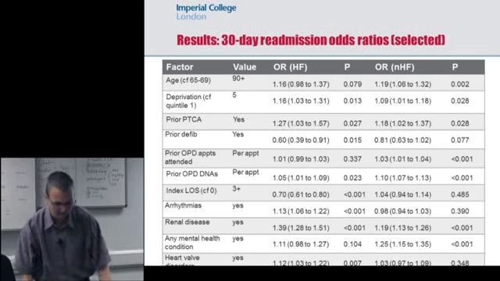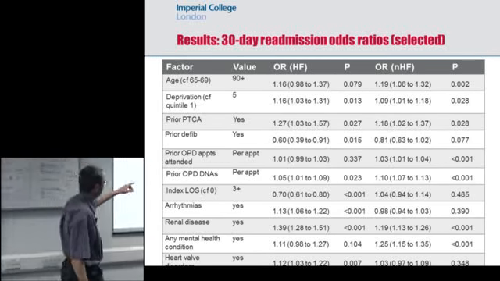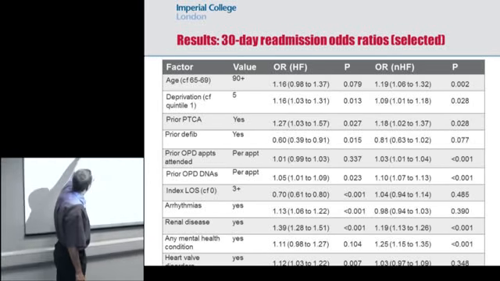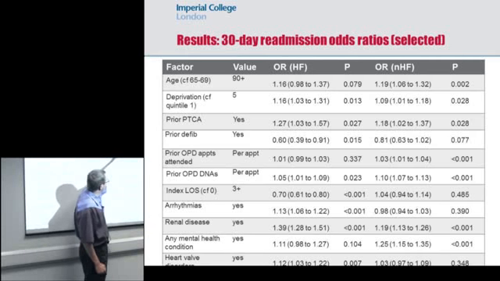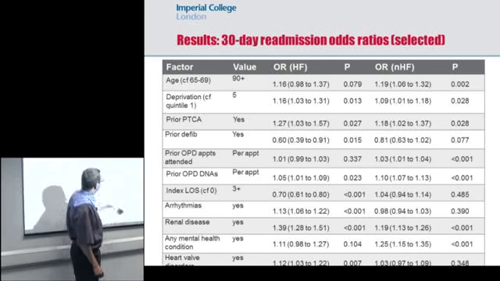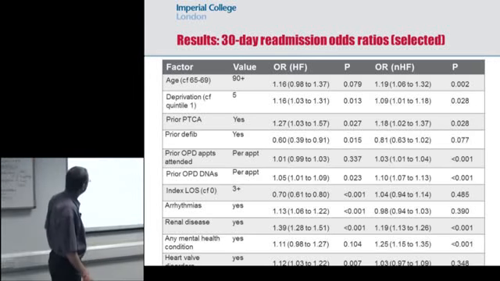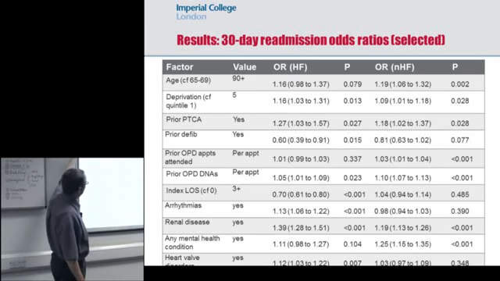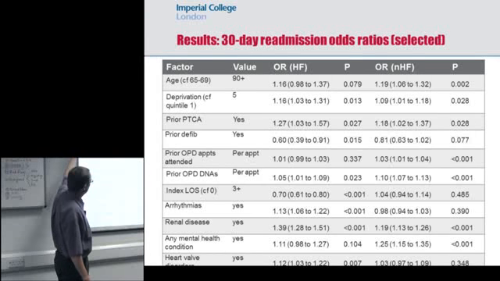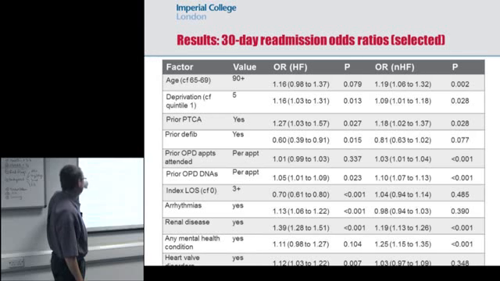And here are the results. I've split the odds ratios by those for heart failure and those where the readmission is not for heart failure, but for something else. Some things are kind of predictable: older age, deprivation. But perhaps this is interesting.